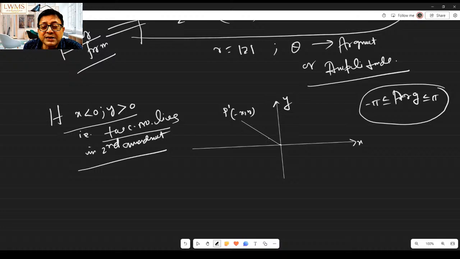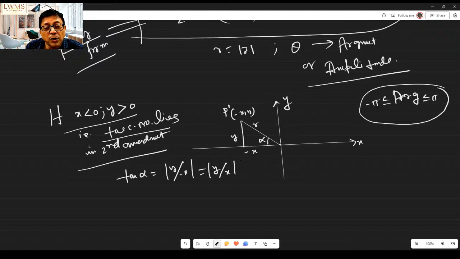So now if I take this angle as alpha, then this r remains the same, isn't it? X lies here, I mean minus x. If I say tan alpha equal to mod y by minus x, or mod y by x, it will be appropriate. And r is root over x square plus y square.